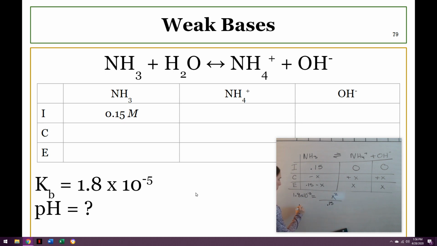So we've got 1.8 times 10 to the -5 times 0.15. We're multiplying both sides by 0.15. That is equal to x squared. Take the square root of both sides.